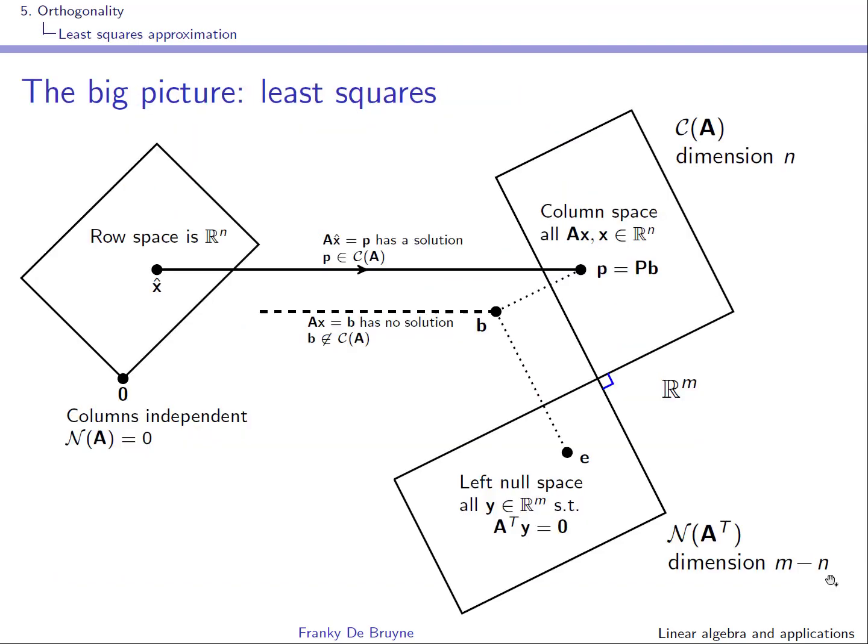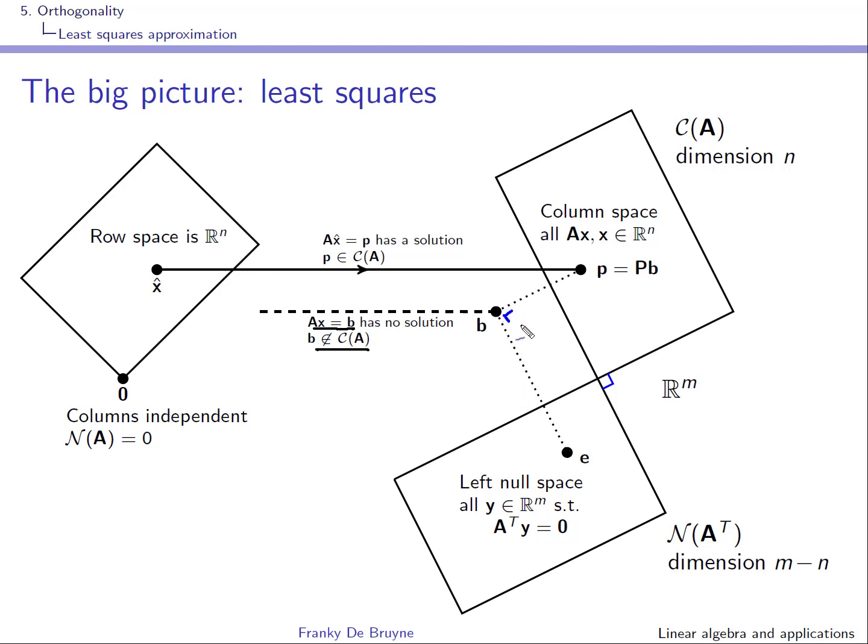Well, let's look at this perhaps more abstract view of least squares. We had the problem Ax equal to b, and b, as you can see, is not in the column space, so Ax equal to b has no solution. So what we are doing is decomposing b into a vector P, which is in the column space, and a vector E that is in the left null space.